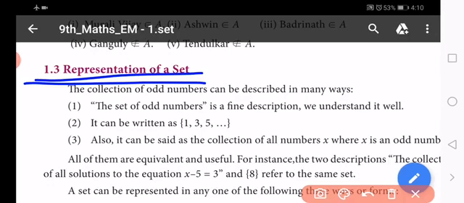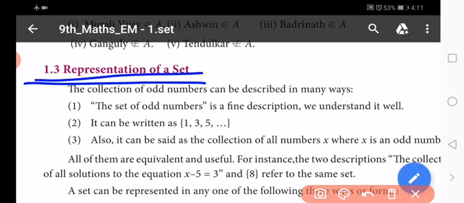So now you have studied well what is a set and how to find which statement is a set and which one is not a set. After that we use the symbol. If an element is in the set, then belongs to is used to represent the element in the set.